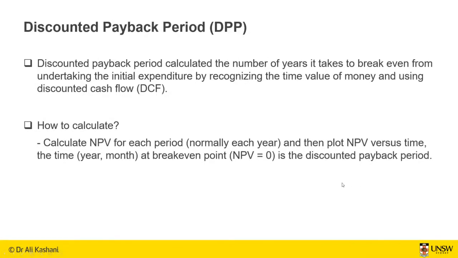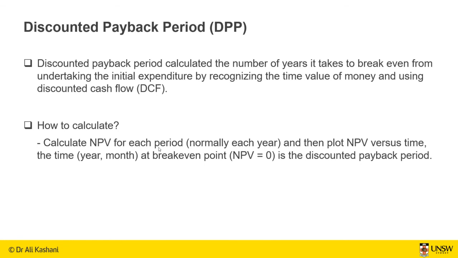To calculate a DPP, you need to calculate net present value for each period, normally each year, and then plot the NPV versus time. The break-even point, where the net present value is 0, is going to be your discounted payback period.